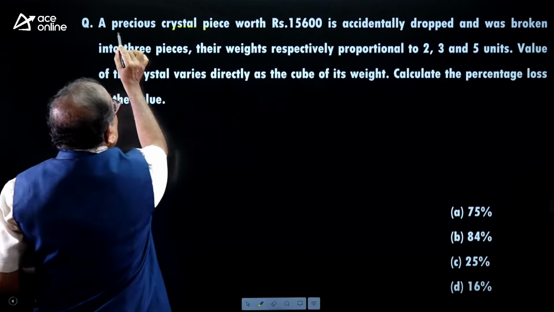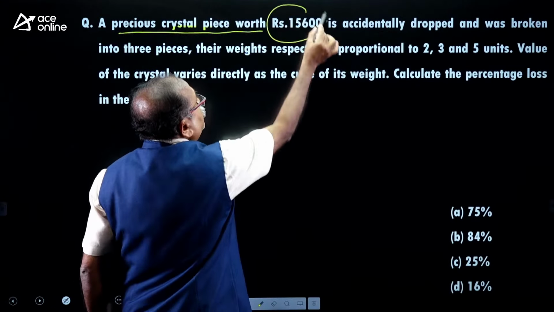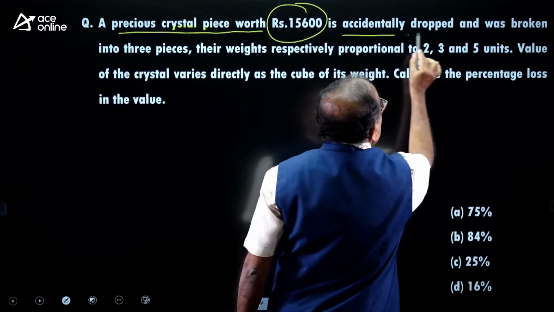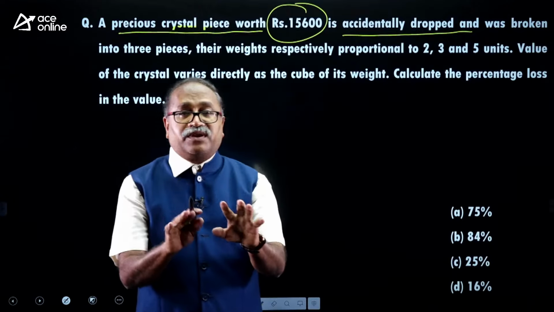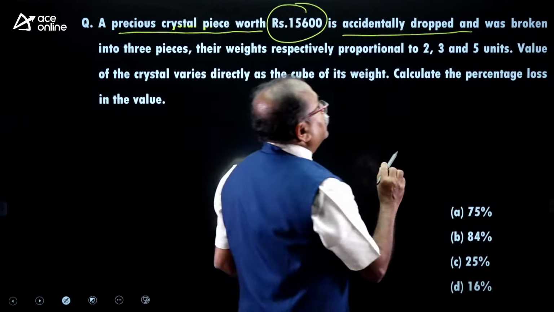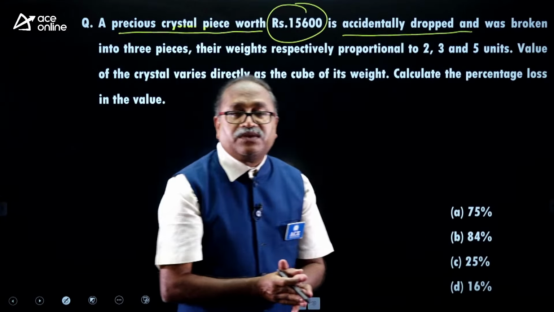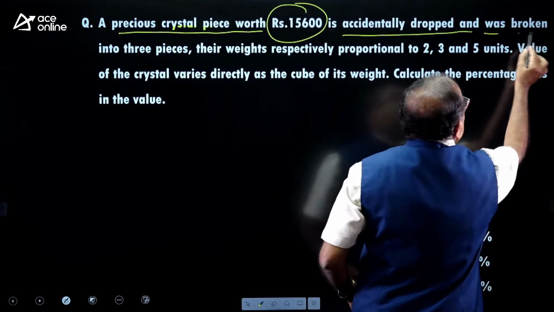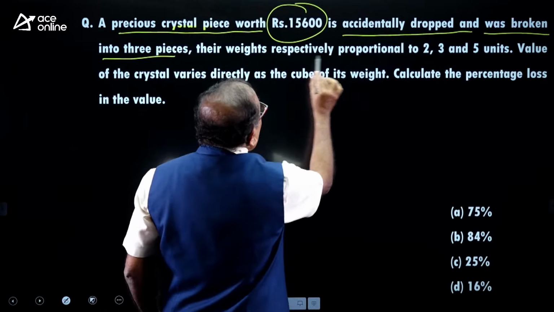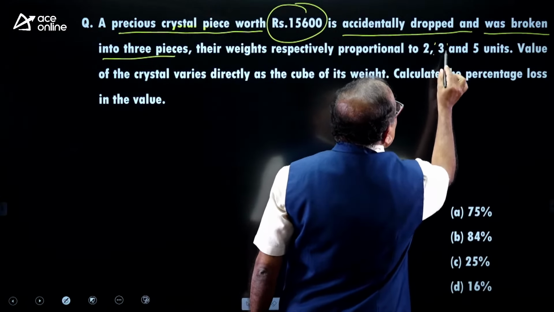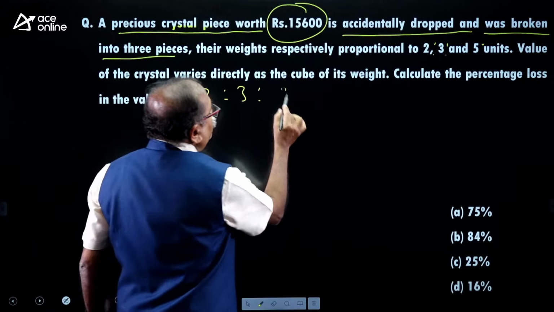What is the question? A precious crystal worth rupees 15,600 is accidentally dropped. My dear brothers, you know this type of question very frequently comes in the exam, be it banking, railway recruitment board or the staff selection commission. It was broken into 3 pieces, and the weights of these are in the proportion of 2:3:5.